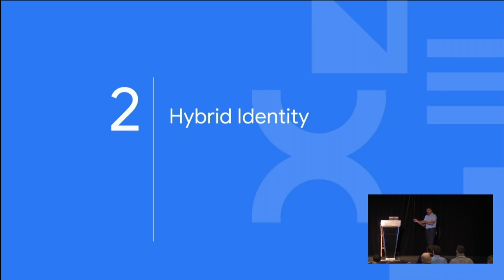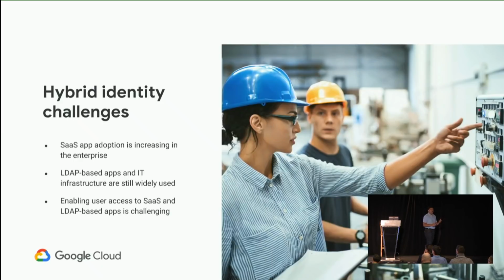So this is the second-to-last segment before the exciting demo starts: hybrid identity. We all know that SaaS-based application adoption is going through the roof. But at the same time, we also recognize that many of you have already invested in many applications that are still on-prem.